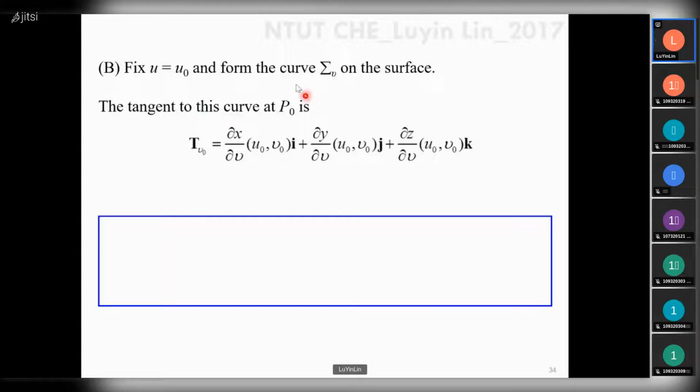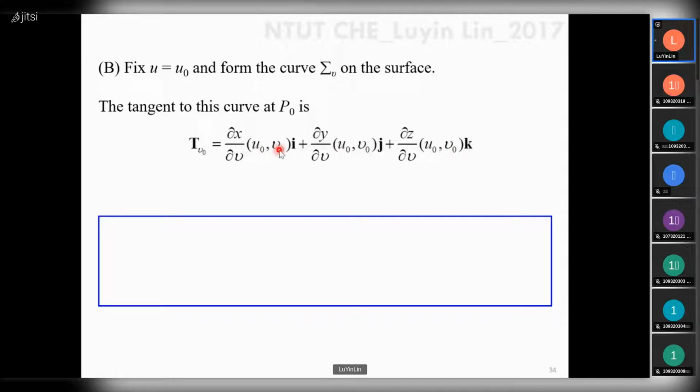So you have the curve sigma V, then you will find a tangent vector. This T is a vector, you can put the arrow. So the tangent vector at V0, how to get this? You cannot put the V0 first, right?